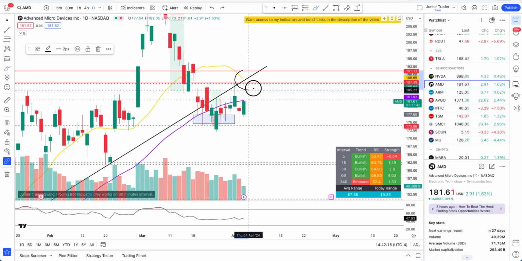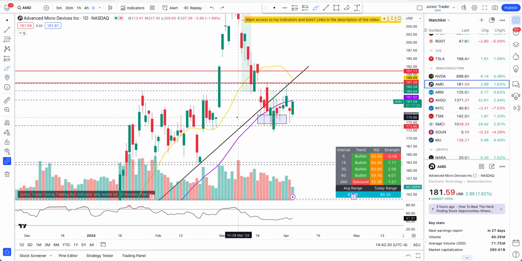We also have the 20 day moving average coming down. At the same time, as I said, we are holding the support down here in the 175 to $177 range. In my opinion, this is looking choppy, and that's where the complication is.